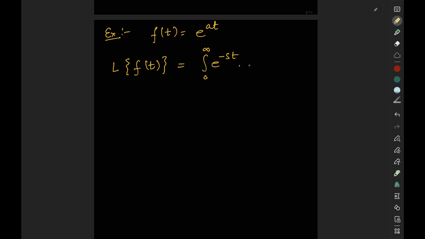Let's take another example. f(t) equals e to the power at. Now the Laplace of f(t) is equal to the integration from 0 to infinity of e to the power minus st into f(t) dt.